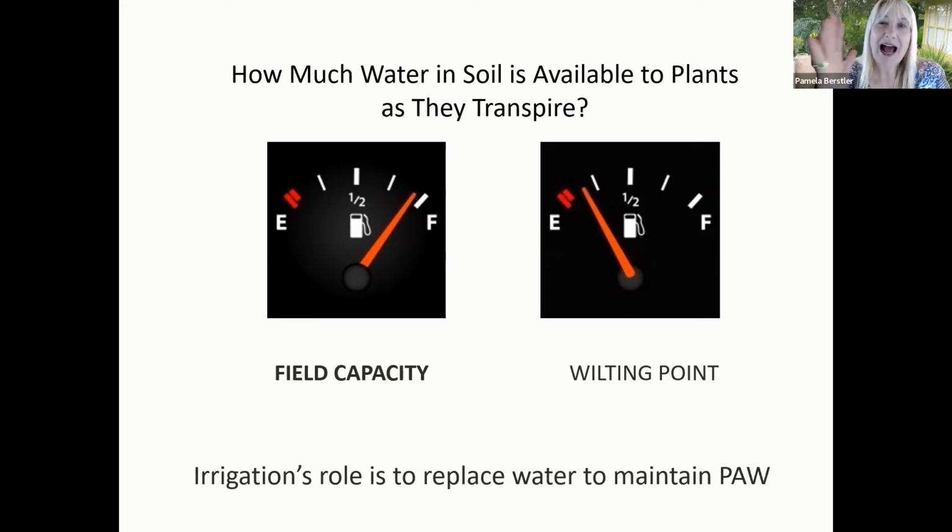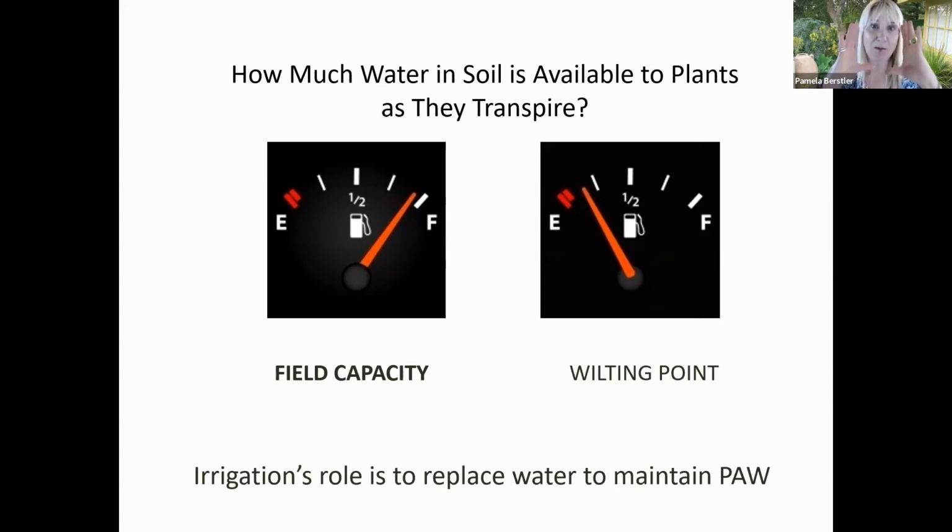Or do we let half of the water out of the tank, the soil moisture reservoir, before we irrigate and fill it up? Or are we allowing that water to go down to something lower than half, and then filling up the soil moisture reservoir? Where are we? Well, the role of irrigation is basically to maintain plant available water.